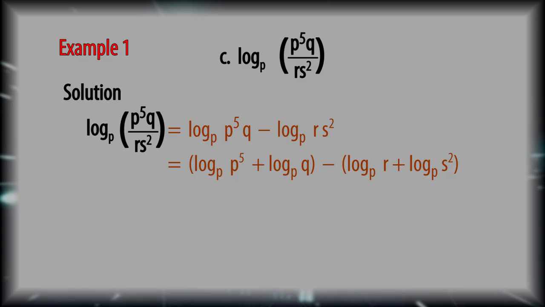Now we change our powers to become multiplication. So we will get 5 times log base p of p plus log base p of q, in brackets, minus, in a second bracket, log base p of r plus 2 times log base p of s.